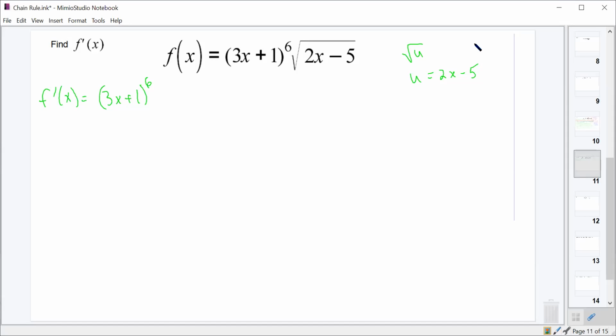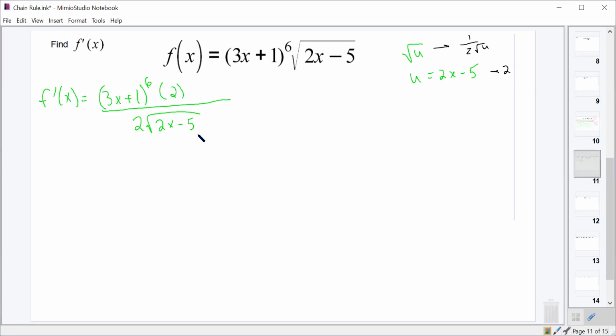Hold on 1 second. Sorry about that. So we end up with the derivative of root u, which is 1 over 2 times the square root of u, which is 2x minus 5, times the derivative of 2x minus 5, which is just 2. So I'll write over here, this is 1 over 2 root u, and this becomes 2. So that's where each of those came from.